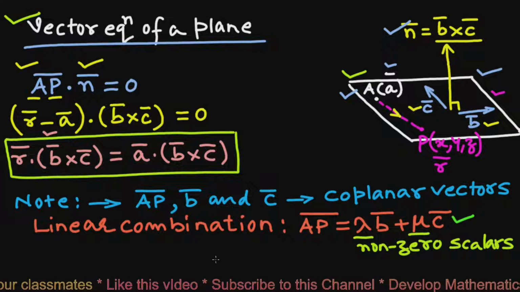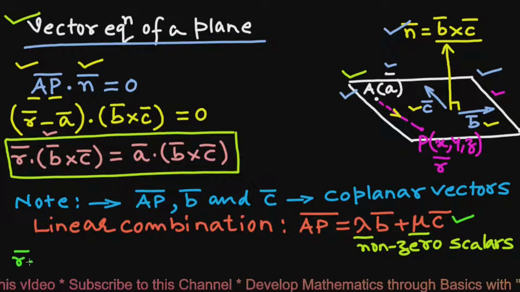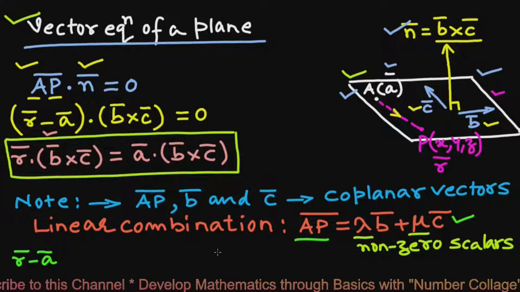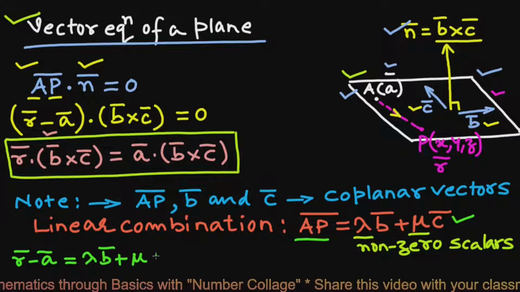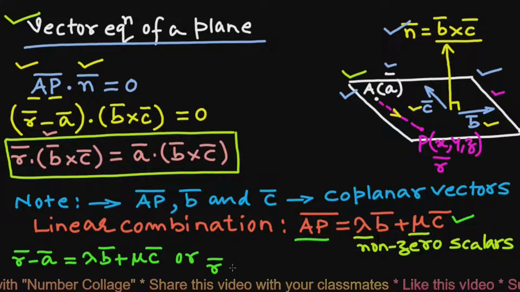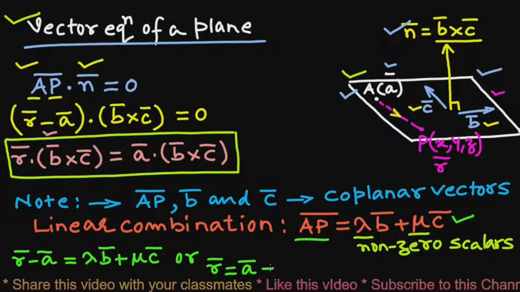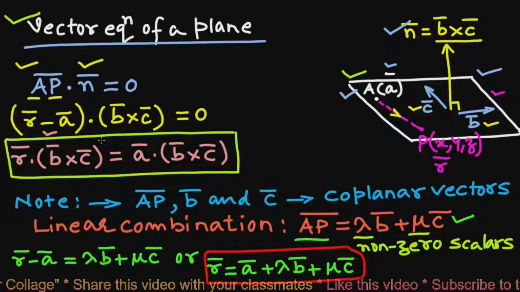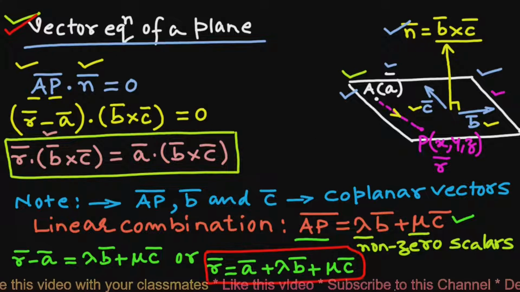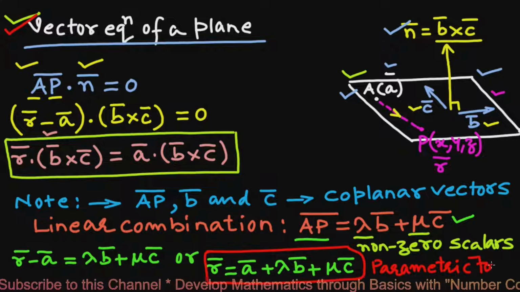Therefore the same equation can be written as r bar minus a bar for this AP bar equals lambda b bar plus mu c bar, or r bar equals a bar plus lambda b bar plus mu c bar. This is called the vector equation of a plane in parametric form.